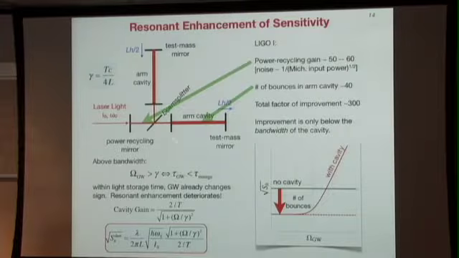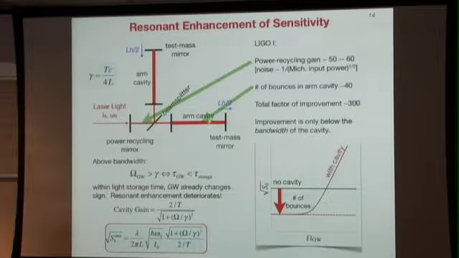And then the arm cavity is a little more tricky, because there are two things in the cavity. One is how many times light bounces in the cavity, and the other is what the storage time of light in the cavity is. It turns out the light bounces 40 times in the cavity.